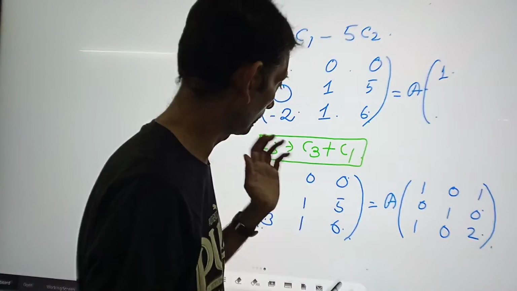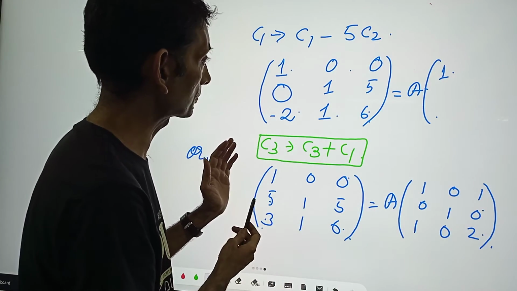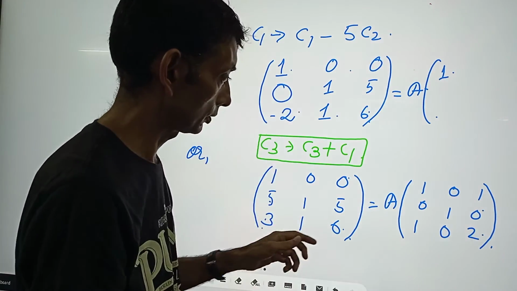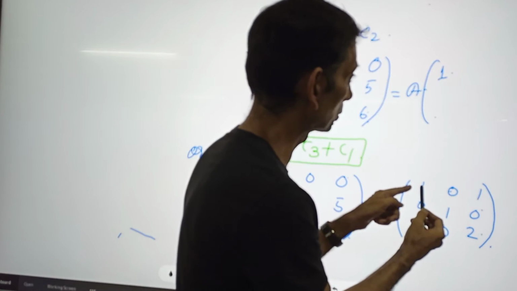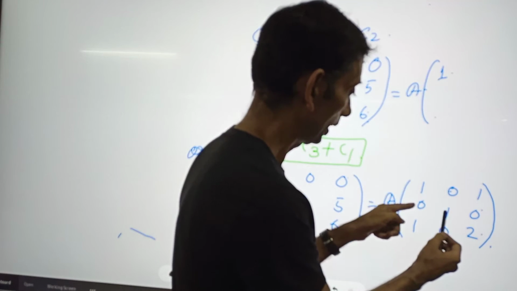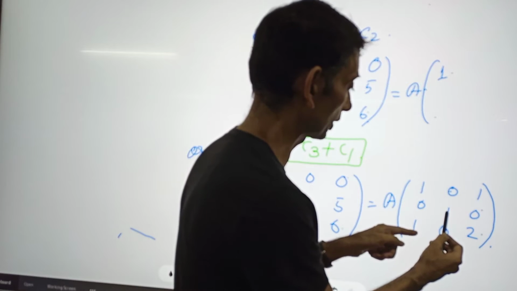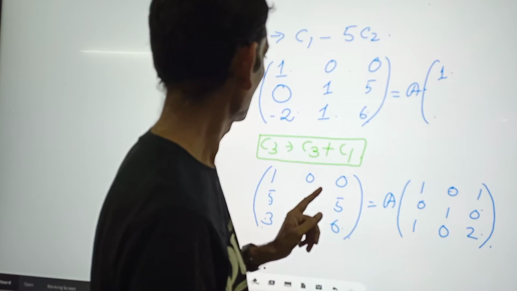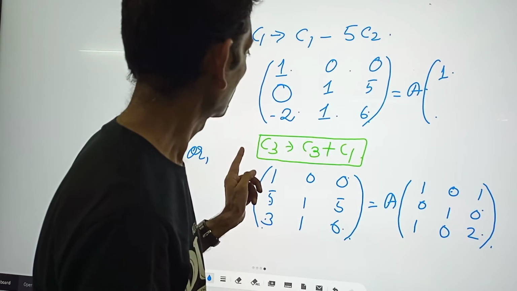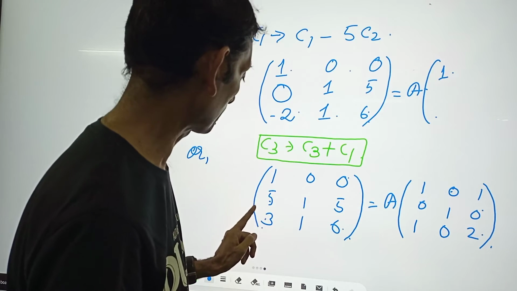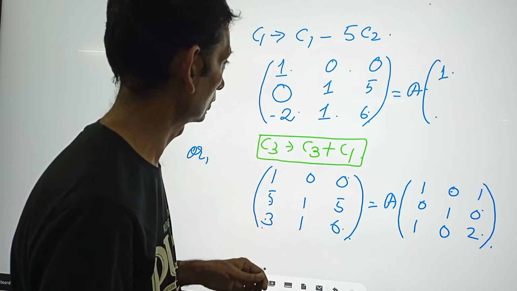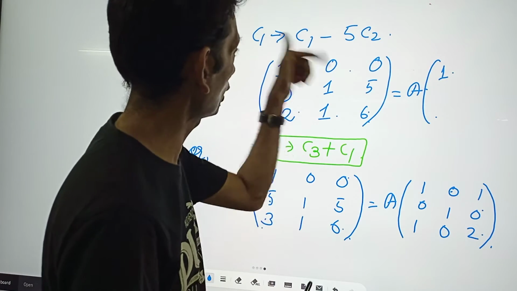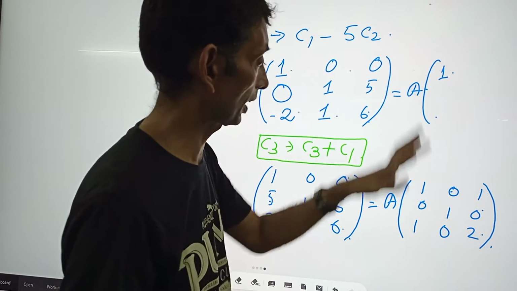Remember again, there is no change in this number, though we have changed the first column with the help of column 2. Since it's 0, there is no change in this number. This will be 1, and you have multiplied the second column by 5. We have to mention the operation that we are using: C1 minus 5 C2.